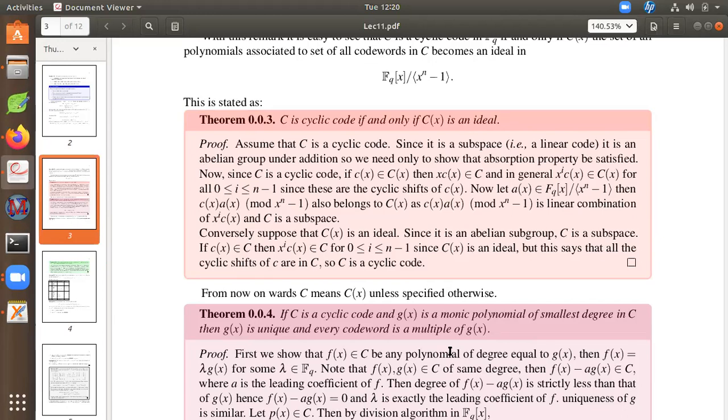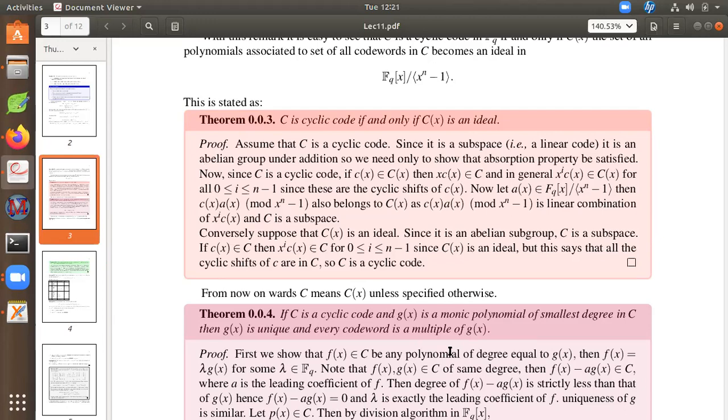But for that, I need to use the cyclic code property. So C of x is in the cyclic code, and you know that x into C of x belongs to C. Somebody help me: why does x into C of x belong to C when C of x is in C? That's the definition of right shift.